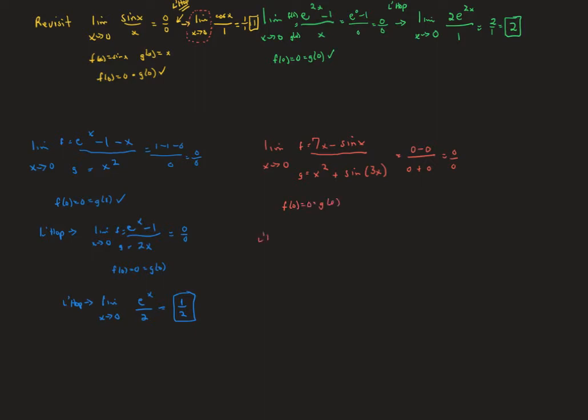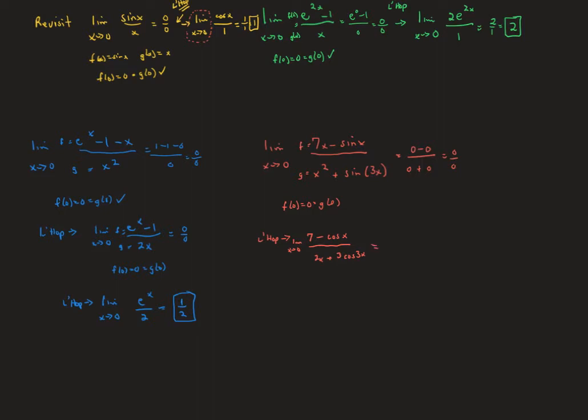So we will use L'Hopital's rule, and that's going to be the derivative of 7x is going to be 7. The derivative of sine x is cosine x. I've got to say limit as x goes to 0 over 2x, and now we're going to get the chain rule derivative, cosine of 3x, times the derivative of 3x, which is 3.